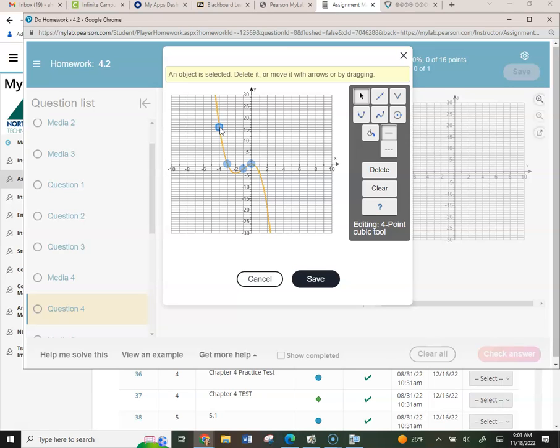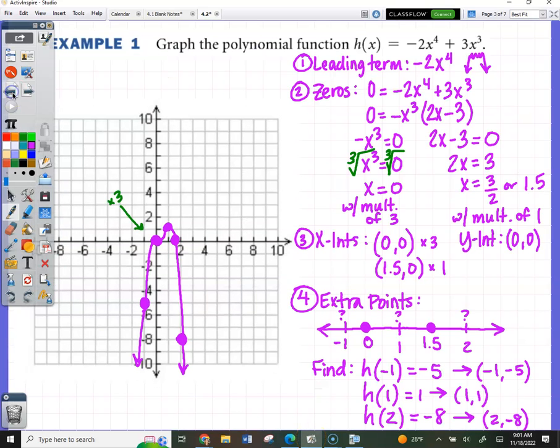So on my paper, I went from one of the x-intercepts to the next number I checked, to the next x-intercept, and to the next number I checked. So like this example right here, if I was graphing this in the widget, I would push the x cubed button to say, okay, I'm graphing an x cubed, and then I would plot that one, that one, that one, and then that one, and it should generate it.